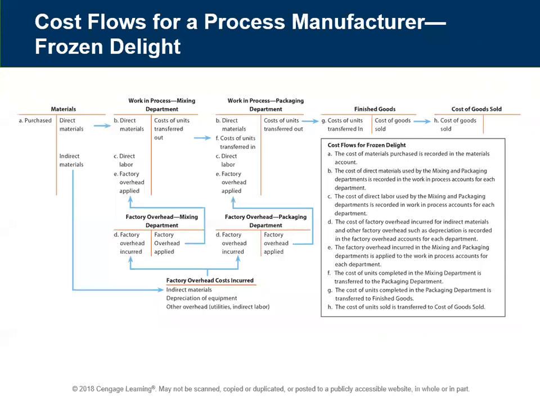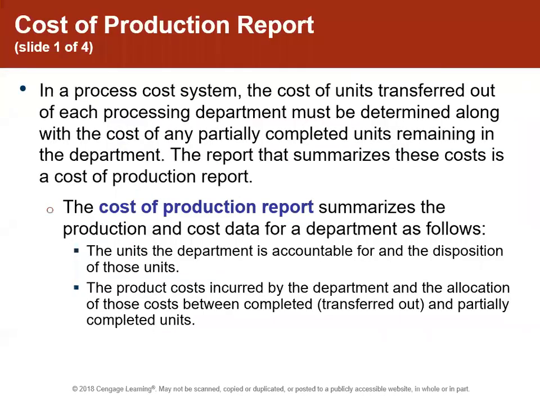So how you apply overhead is still the same. You're going to have a predetermined overhead rate, and you apply it usually based on direct labor. You'll just have to apply it for different work in processes. You can kind of get the main gist, right? The difference is we have more than one work in process. That's the easy part. The cost flow, everything else stays the same.